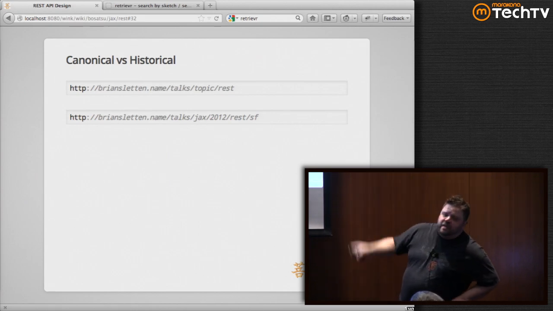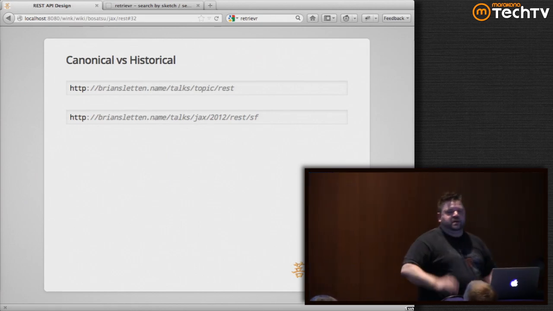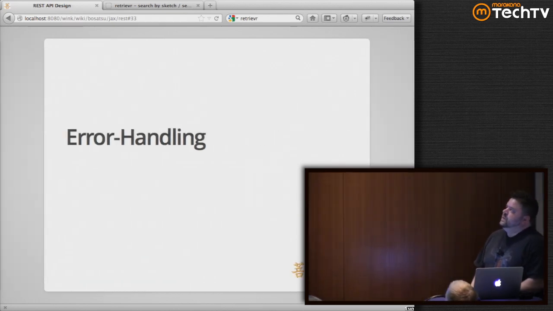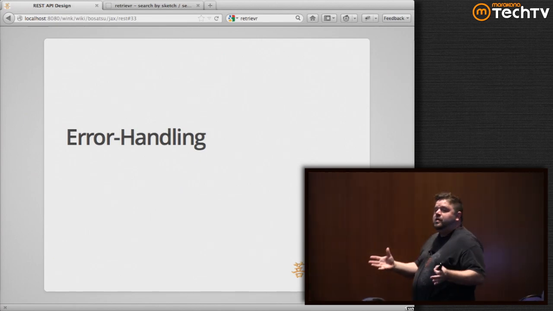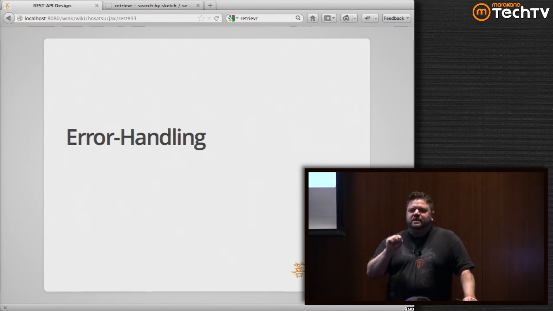Whereas this is a stable historical identifier that will give you back one specific snapshot of the information, and therefore is less likely to change. So that's a quick walkthrough of names, and names are important, but they're important because we want them to be stable. They're not important because the client needs to know how to build them up.